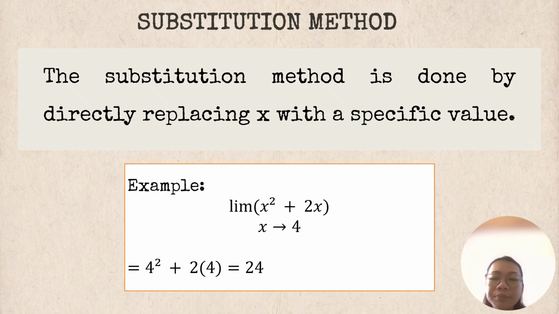For example, if we want to find the limit of a function as x approaches 2, we simply replace x with 2. If the result is a real number and not an undefined form, then we have found the answer. Therefore, substitution should always be the first method we try.